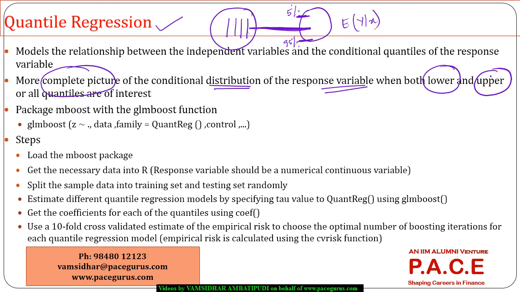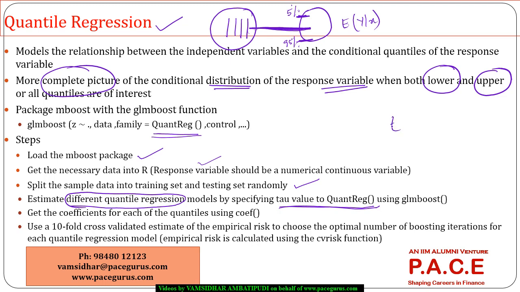If you see the mechanism, the only thing is the family is changing to Quantreg. Load the MBoost package, get the data, split it into training and testing. Now, estimate different quantile regression models by specifying the tau value to the quantile regression. So, instead of simply saying Quantreg, I would be specifying my tau value.